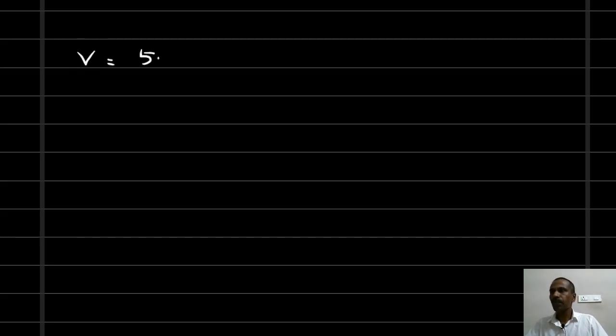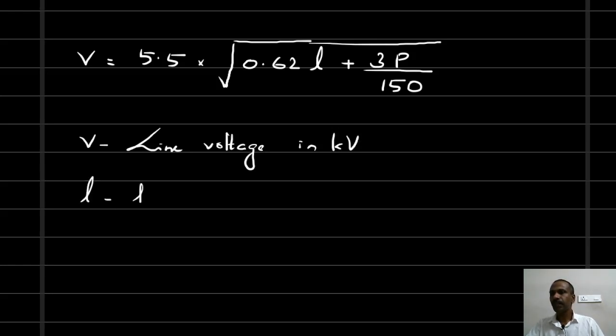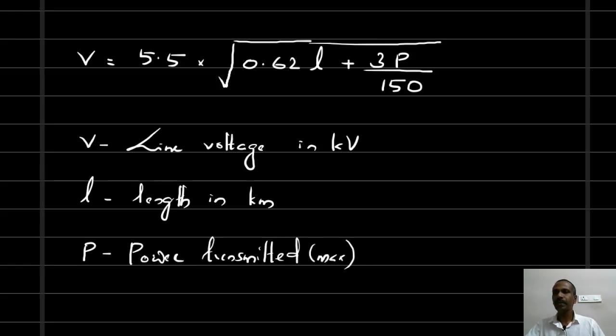V equals 5.5 into square root of (0.62 L plus 3P divided by 150), where V is the line voltage in kV, L is the length of the line in kilometer, and P is the maximum power transmitted in kilowatts per phase.